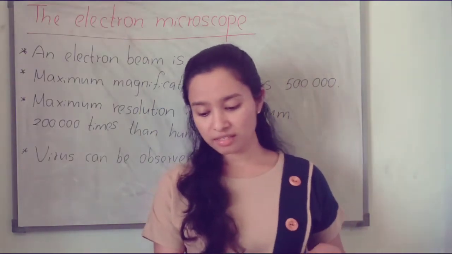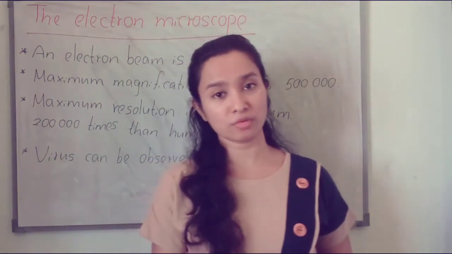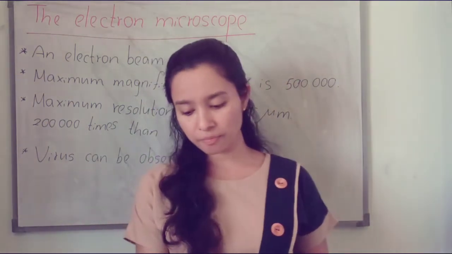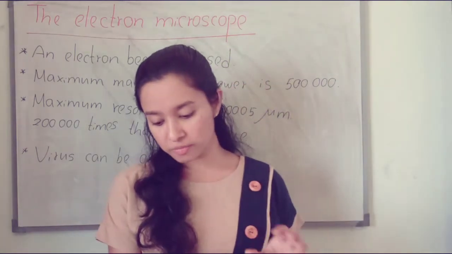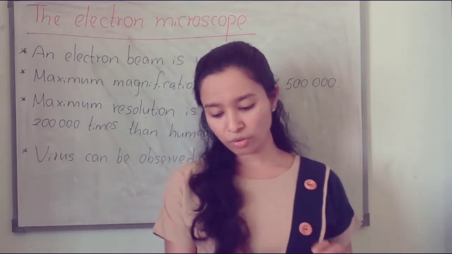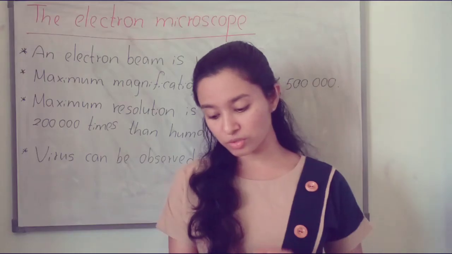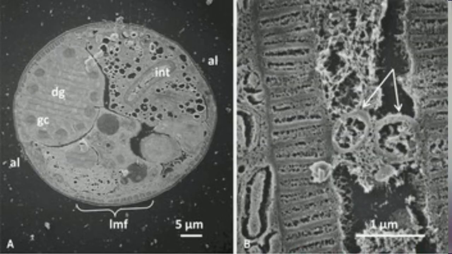Then what are the instances where the electron microscope is used? You have to know these instances. In research, to observe the activity of pathogenic microorganisms, we use the electron microscope, and also to learn about the internal structure of the cell in detail.